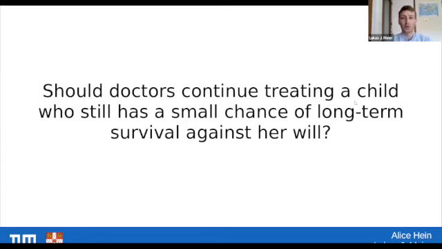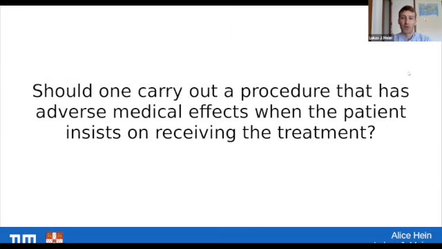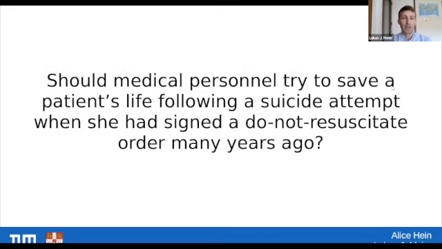That would be a classic dilemma. Should one carry out a procedure that has adverse medical effects when the patient insists on receiving the treatment? Should medical personnel try to save a patient's life following a suicide attempt when the patient had signed a do not resuscitate order many years ago?